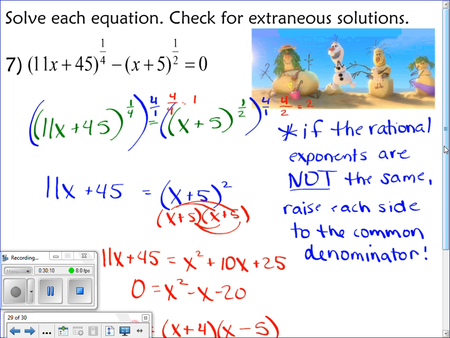All right, so what did we get? -4 and 5? So let's check these. If I plug in -4, what's 11 times -4? -44 plus 45 is 1. What's 1 to the 1/4 power? It is 1.